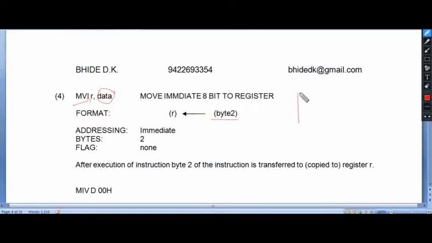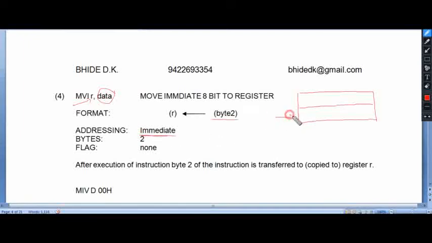For any instruction, the first byte of the instruction is always the operation code, and the operation code is unique for any instruction. The addressing mode is immediate.